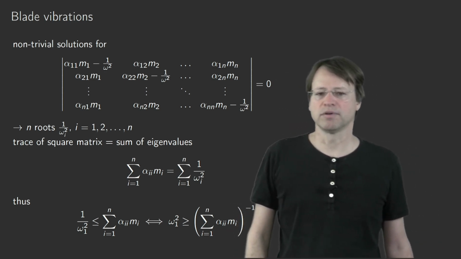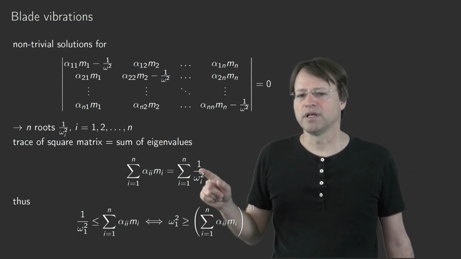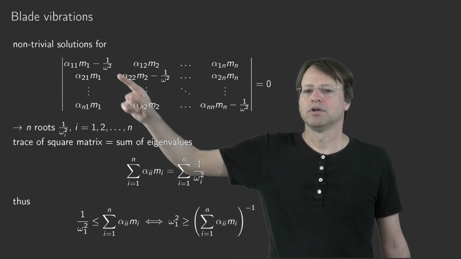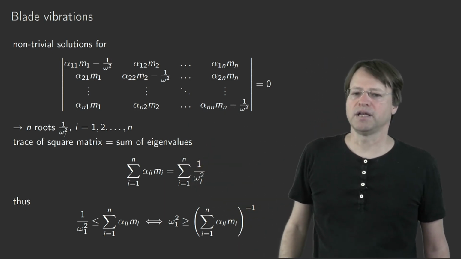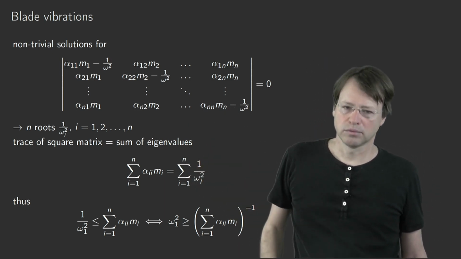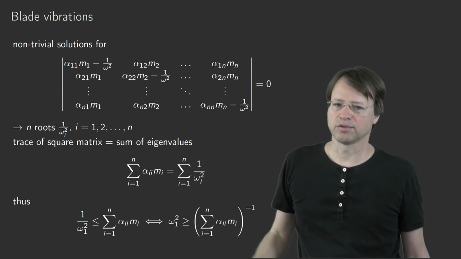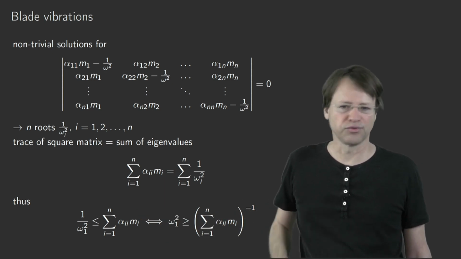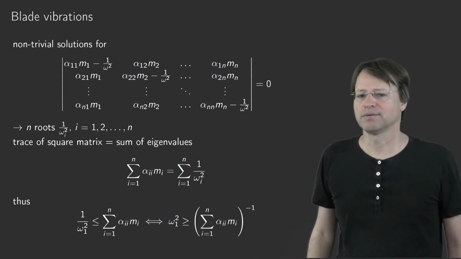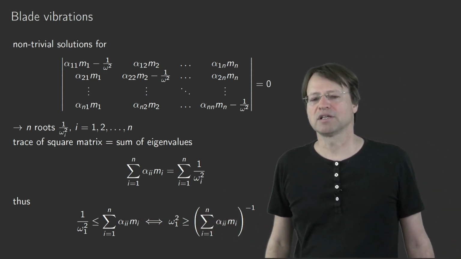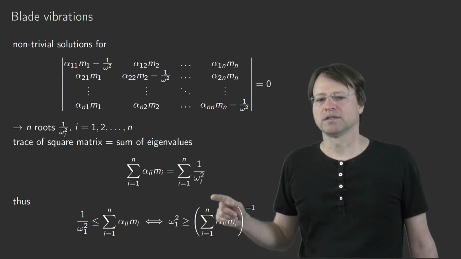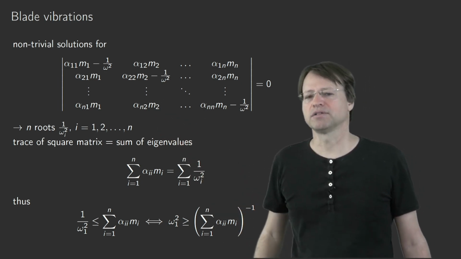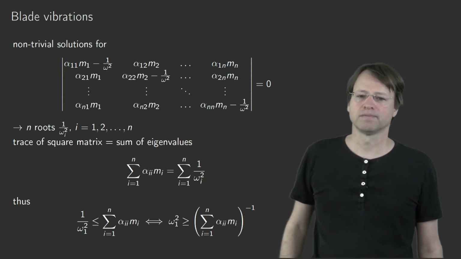That would be the relationship from which we get that omega 1 squared is always larger than the trace of that matrix to the power of -1. Yeah? Because you invert both sides of that inequality, and of course you don't forget to change the sign of the inequality then. So we get omega 1 squared is larger than 1 divided by the sum from 1 to n of alpha I mi, so the trace of that matrix.